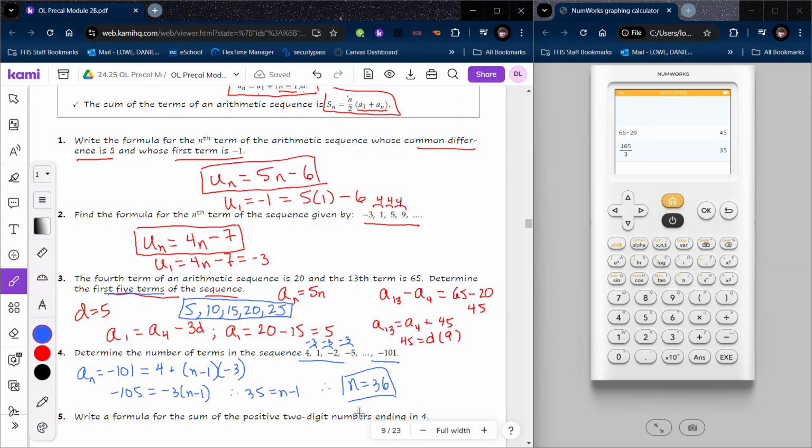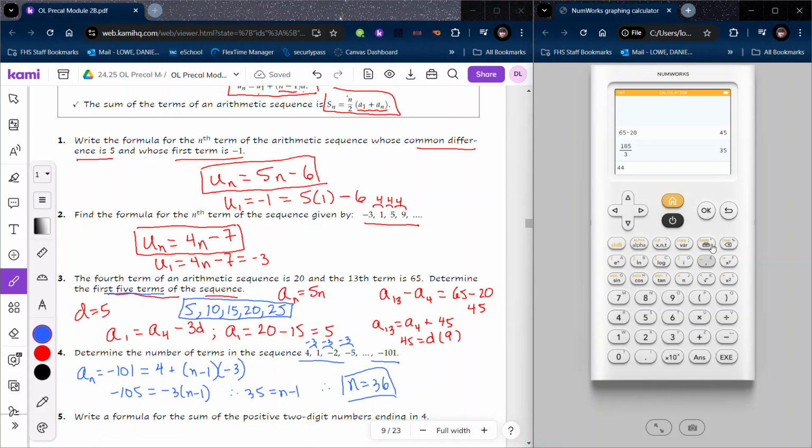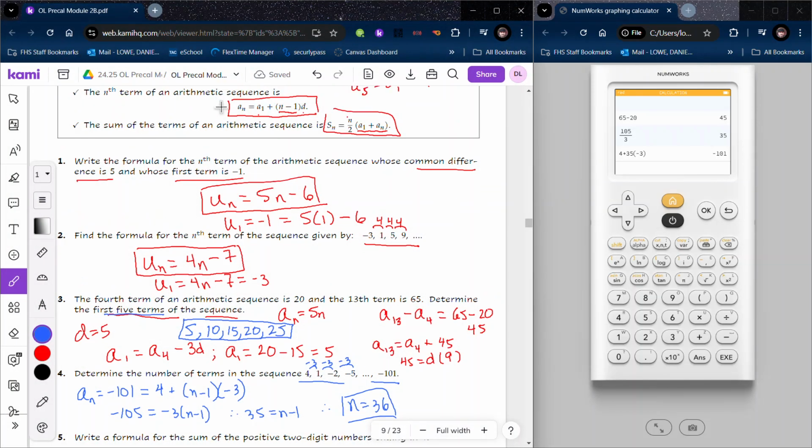I can double check that by saying 4 plus 35 times negative 3, and that should give me negative 101. So how many terms? I can work through to determine the value using my formula for the nth term of an arithmetic sequence, which I have right there.